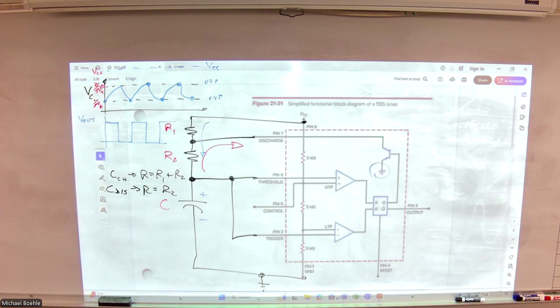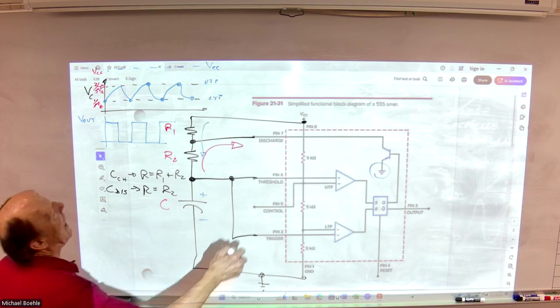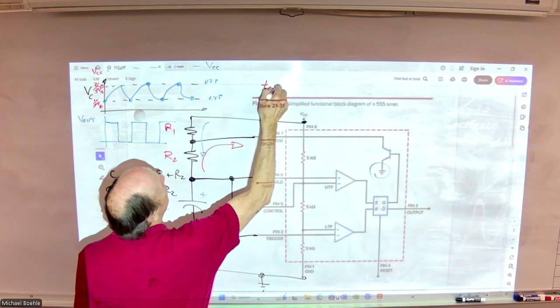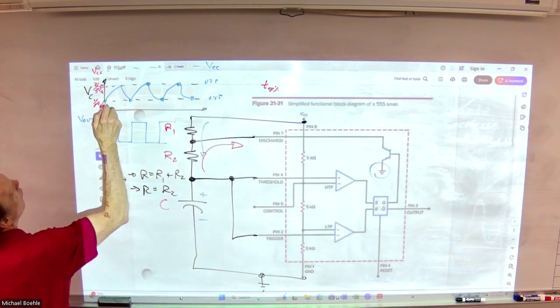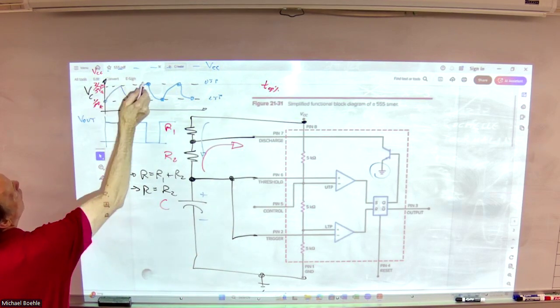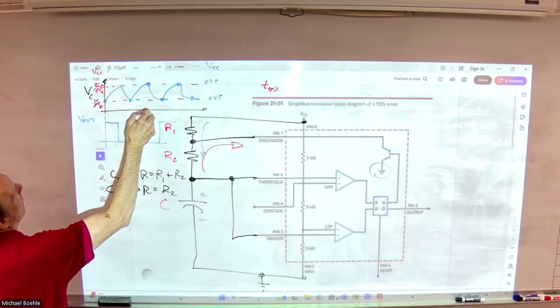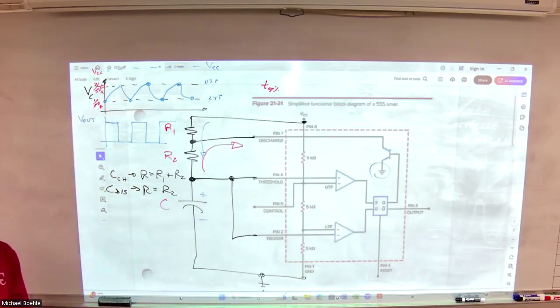So I only get halfway there. Halfway there is 2/3. When I'm at 2/3 VCC, I'm going down to 0. Halfway there is 1/3. So it's the same both ways.